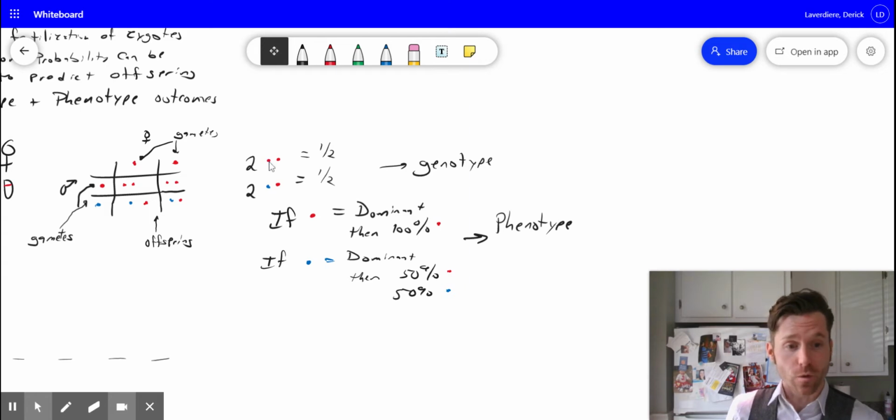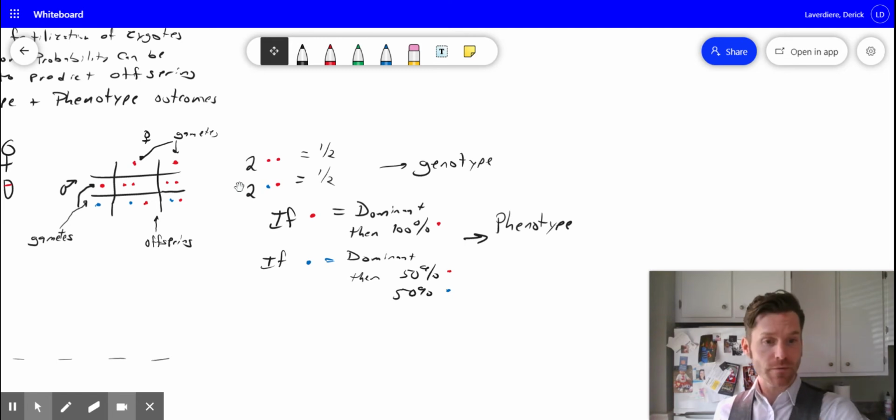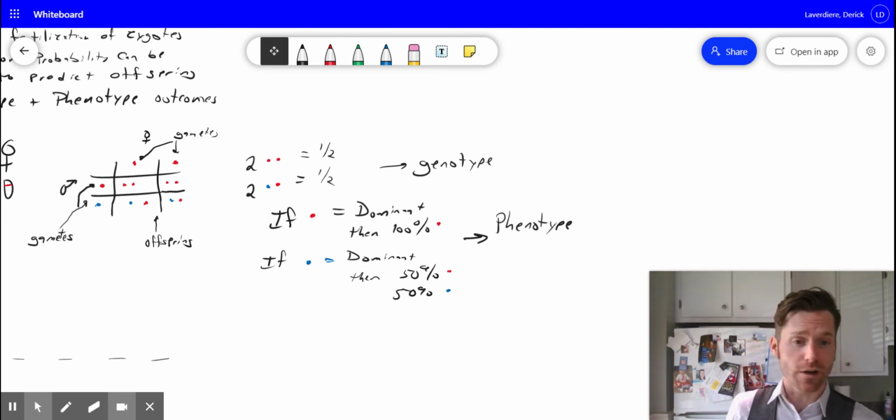So two of the four are homozygous red. The other two are heterozygous. So this would say 2 of 4 and 2 of 4, and because they have the same denominator, I can simplify them down to 1/2 each. So 1/2 will be homozygous red and 1/2 will be heterozygous for genotypes.